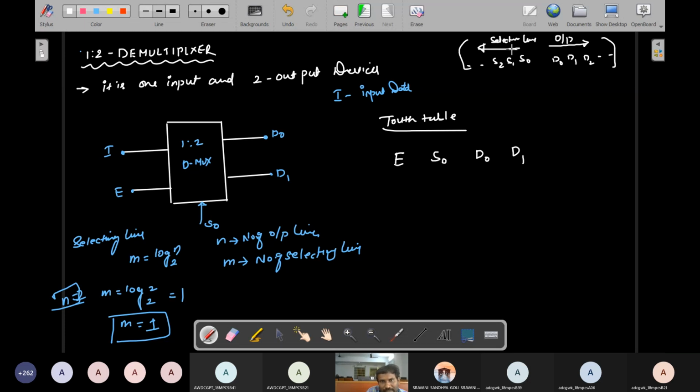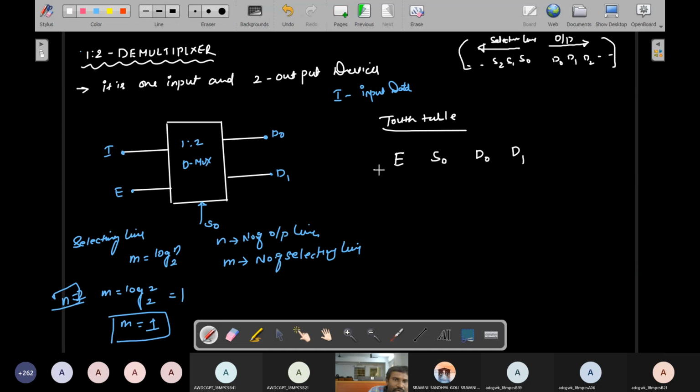Use this format. The selecting lines are always written from right to left, but the data outputs are always written from left to right. In any case, use this format only.